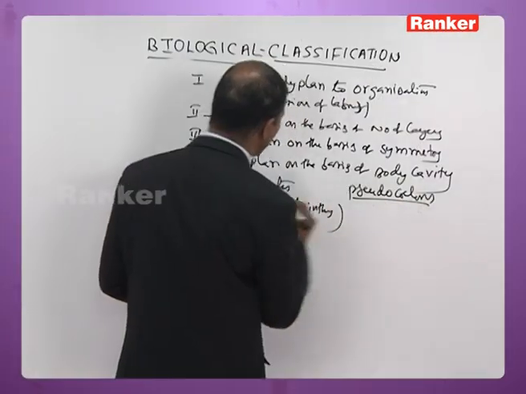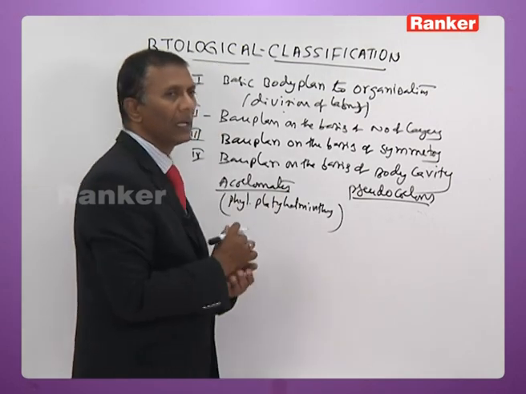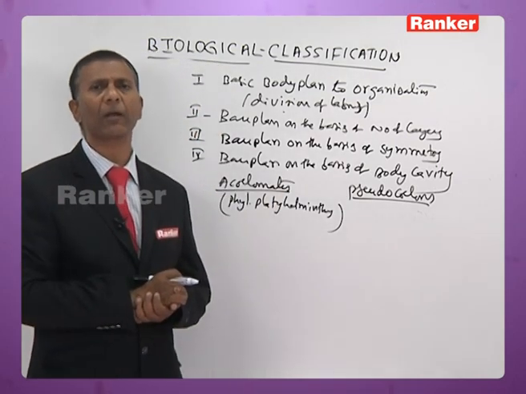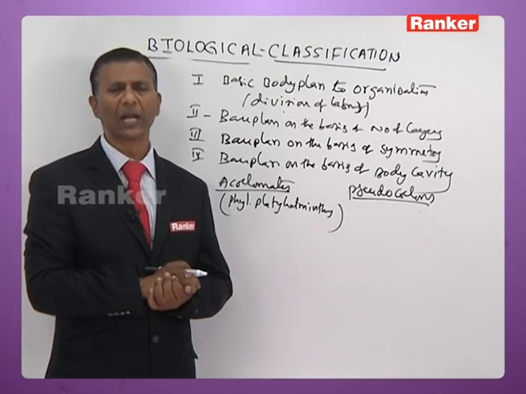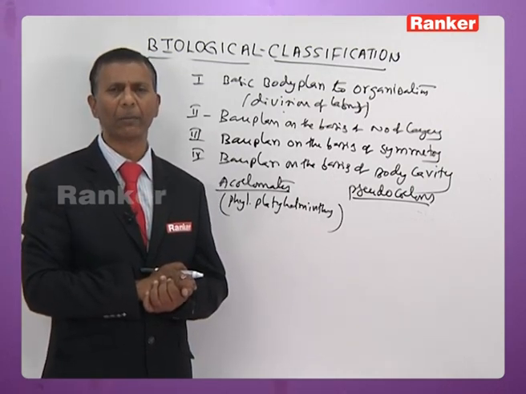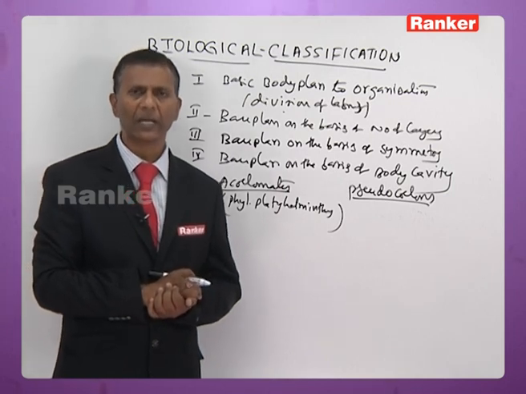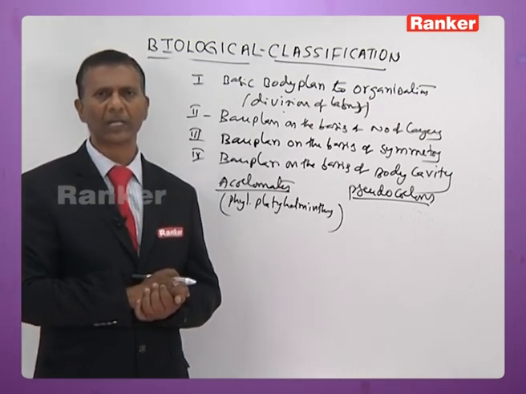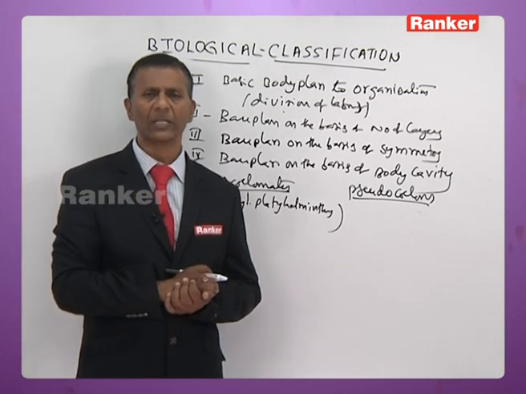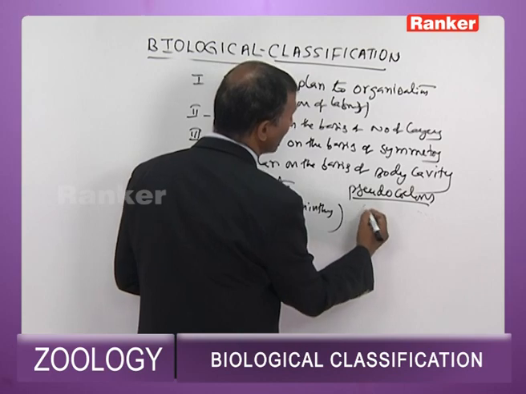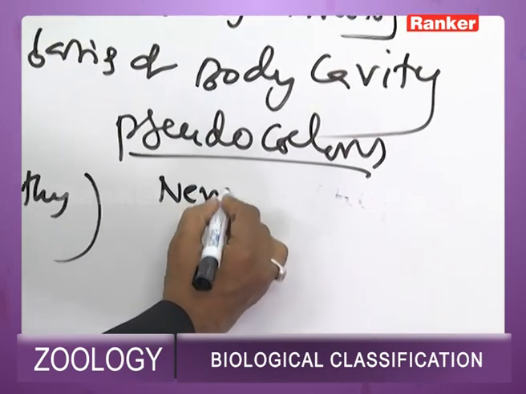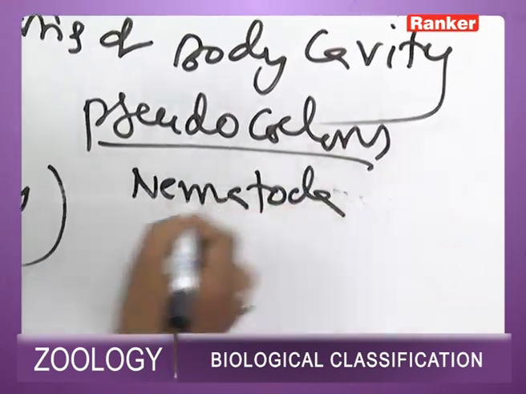In pseudocoelomates the remnant of blastocoel acts as coelom. The entire blastocoel is not completely replaced, only a part gets replaced, and the leftover part of the blastocoel is referred to as pseudocoelom. Pseudocoelom is noticed in the major phylum Nematoda.